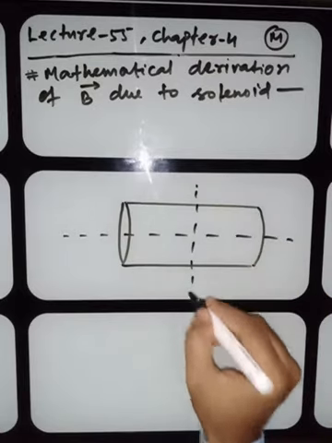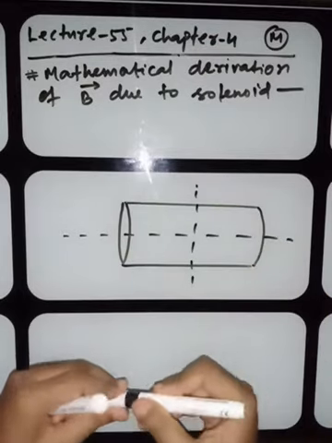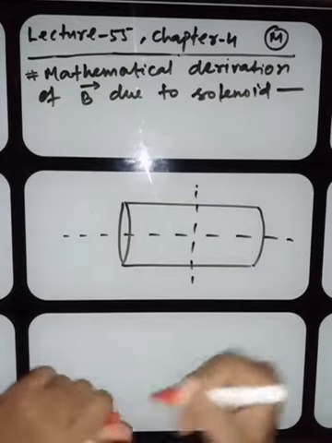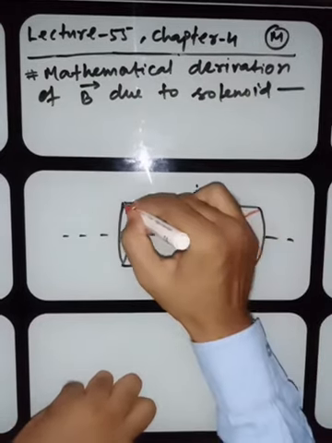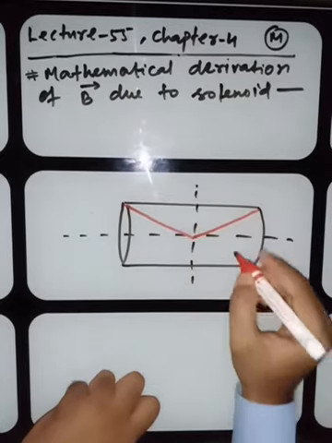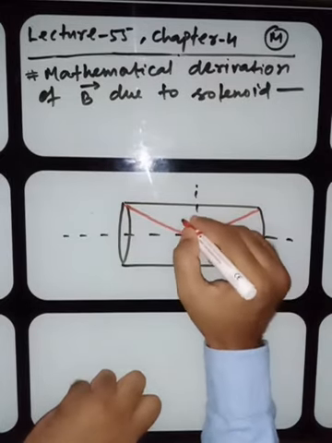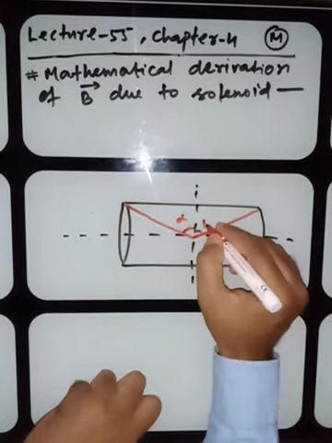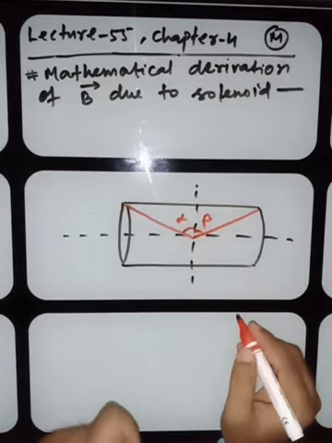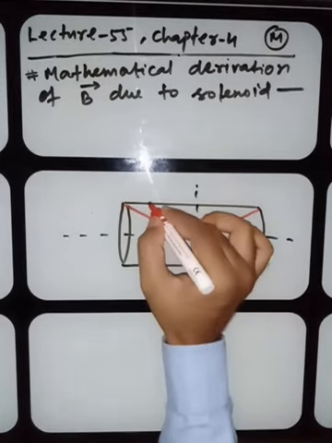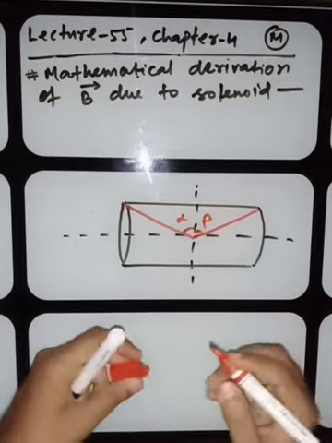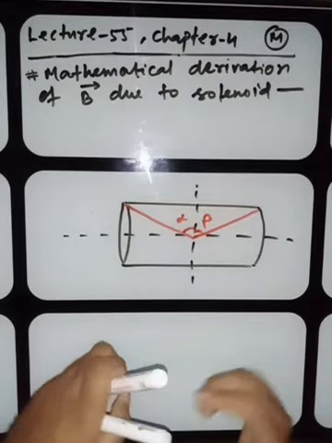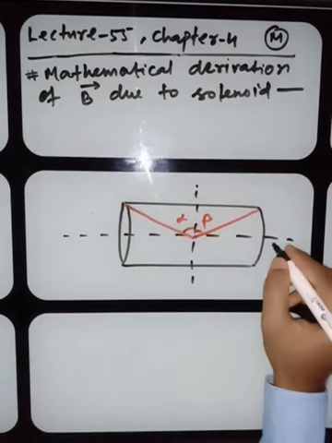We are going to discuss at the center. Suppose from the center, the total length of the solenoid makes angle alpha, and this is beta. We know that there are a number of turns like this. Now a few other physical quantities we must remember.